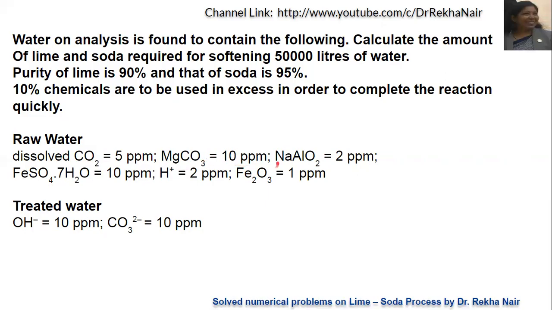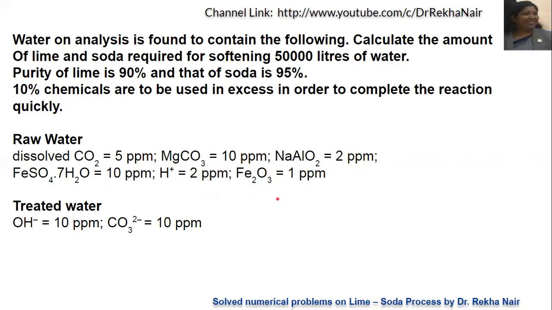MgCO3 is given as 10 ppm. Sodium aluminate is given as 2 ppm. Ferrous sulfate 10 ppm. H plus 2 ppm. Fe2O3 as 1 ppm. Here we are mentioning that Fe2O3 is not a hardness.